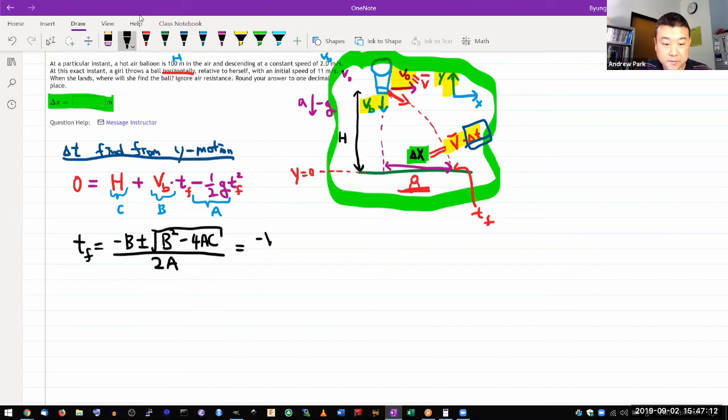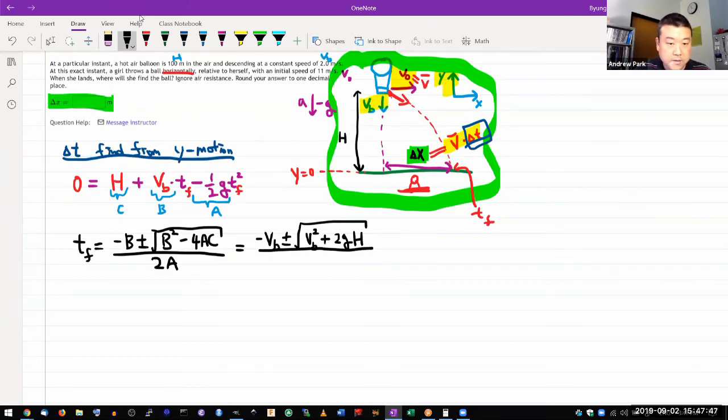So minus VB plus minus square root of VB squared minus 4 times a. So I have two minuses, so that's going to be plus. 4 will cancel some of 1/2, so it'll be 2g times c, or h, square rooted, divided by 2a.